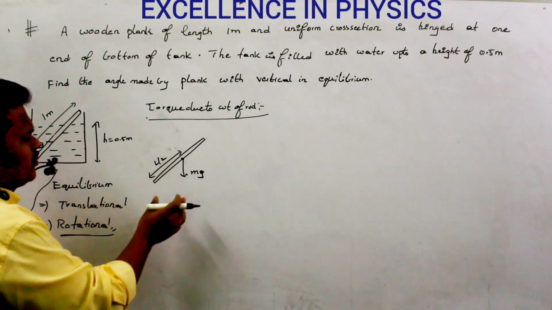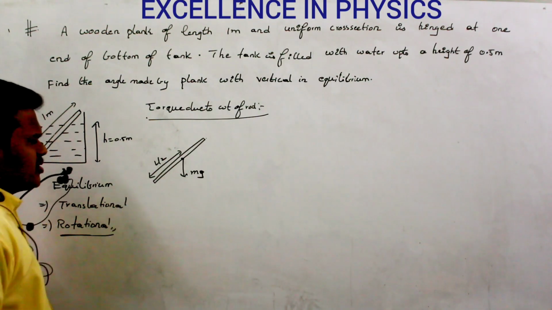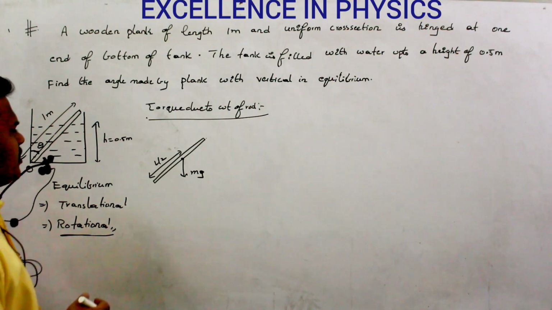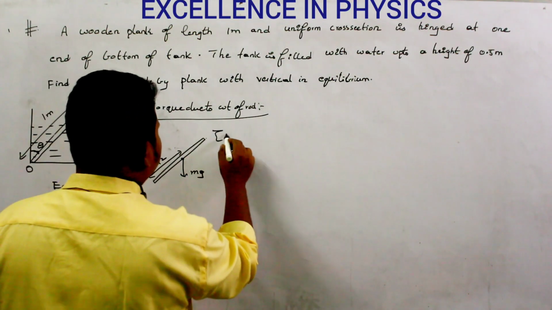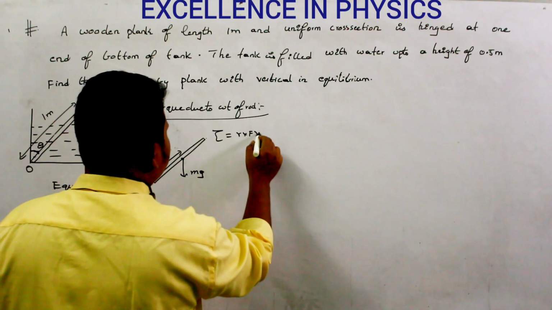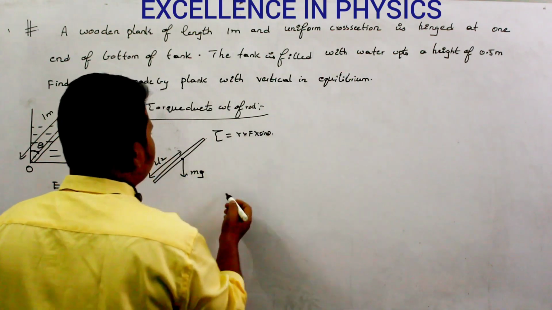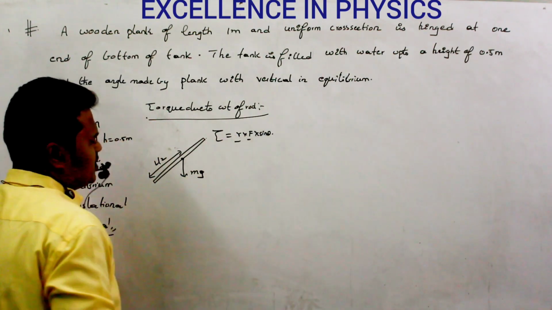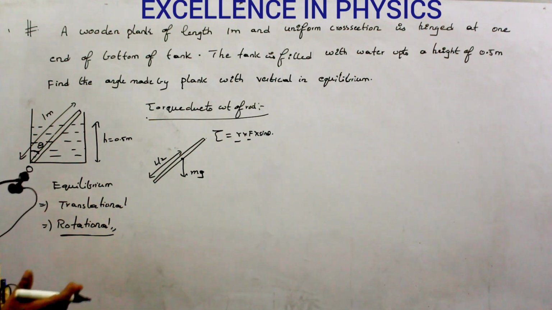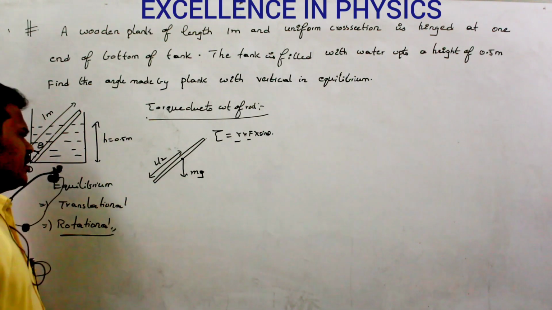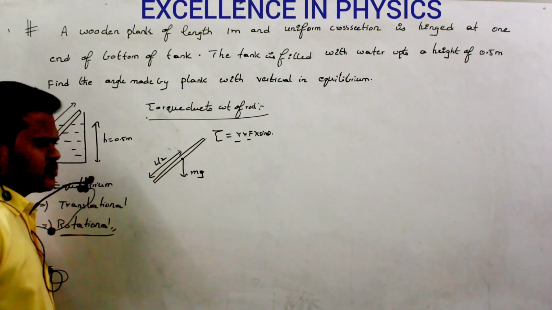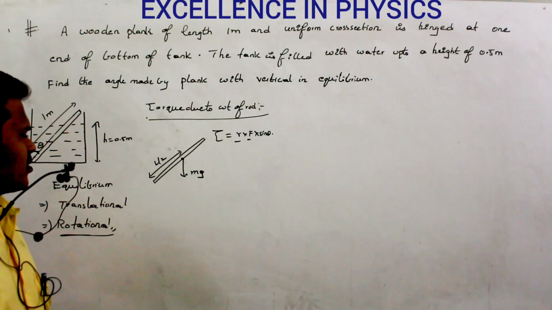Then how can I calculate the torque produced due to this mg? We know that torque is equal to R into F into sin theta. That is, R and F should be perpendicular to each other. If I take them so, then very easily I can calculate the torque produced because of the weight of this rod.